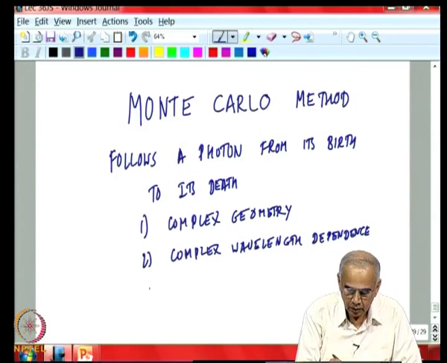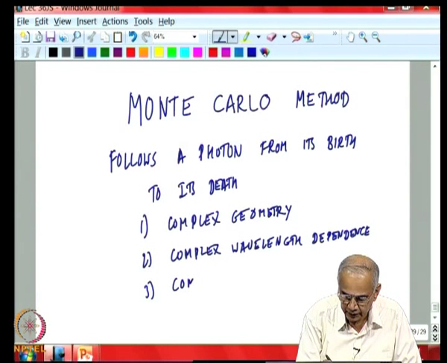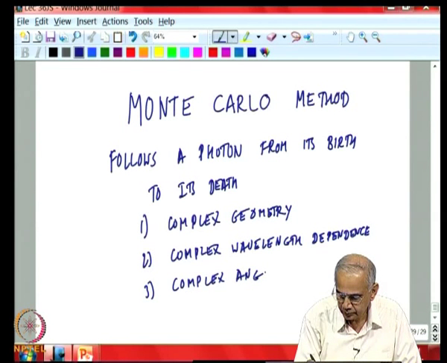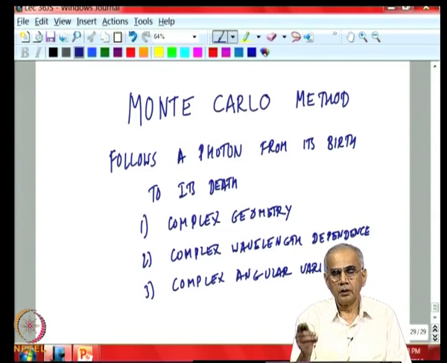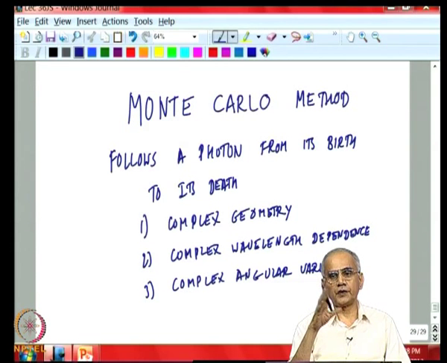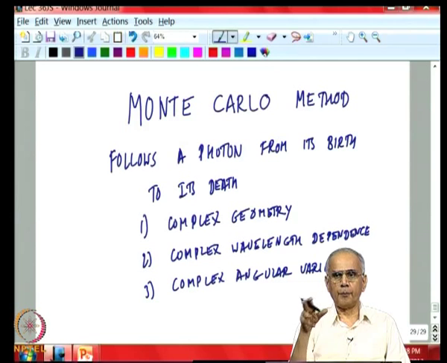So, also complex angular variations. We saw that in the case of scattering, the phase function, that is the probability of a photon being scattered in a given direction, is very complex with lots of very sharp changes, and that also poses a problem in our attempt to solve it.